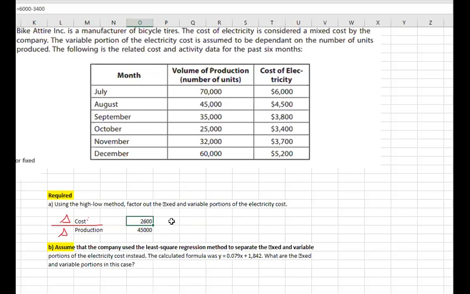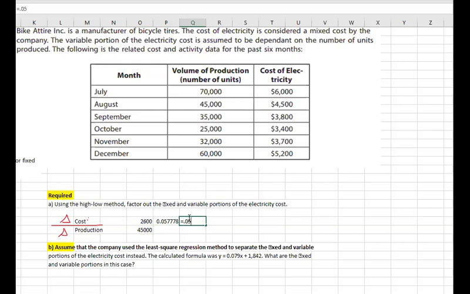So the change in cost is 2,600. Now 2,600 divided by 45,000 gives me 0.057778.